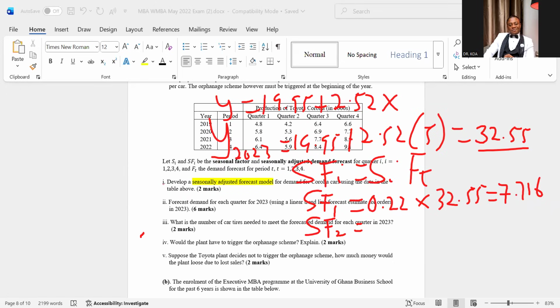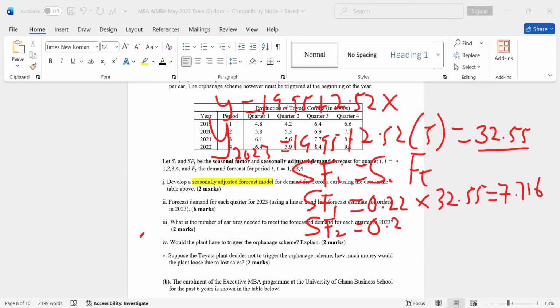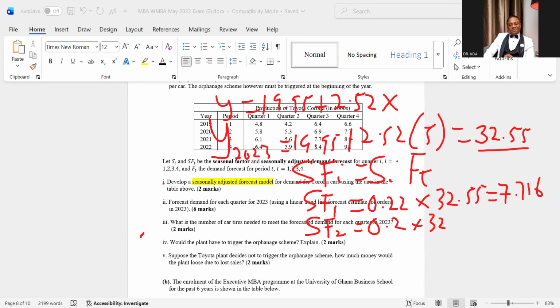So it becomes 0.2 times the same 32.55, which is equal to 6.51. SF3.